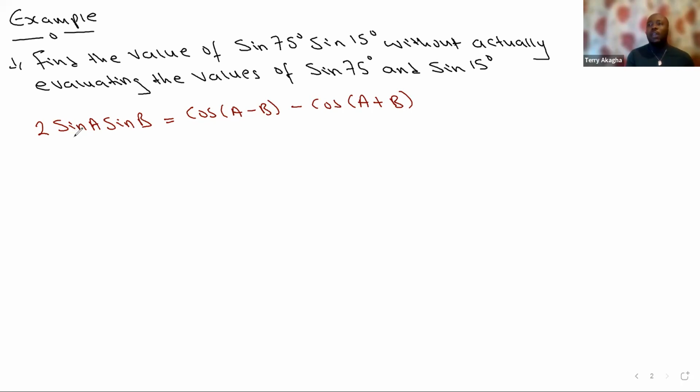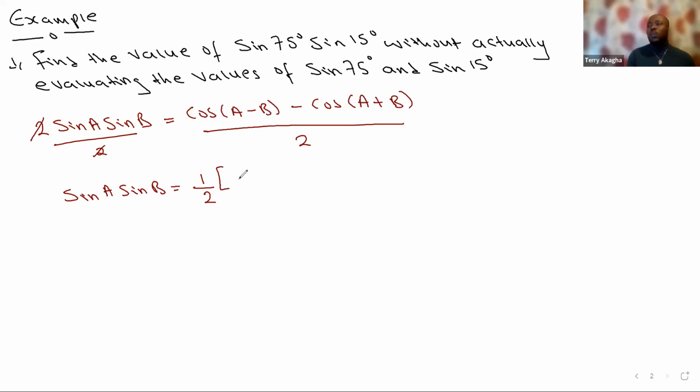But we're not looking for 2 sine A sine B, we're looking for sine A sine B, all right? So I can divide both sides by 2. Therefore, sine A sine B will be equal to 1 over 2 times cos A minus B, minus cos A plus B. Can you see?